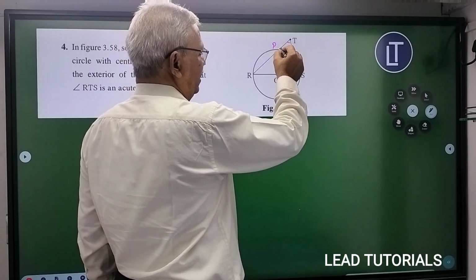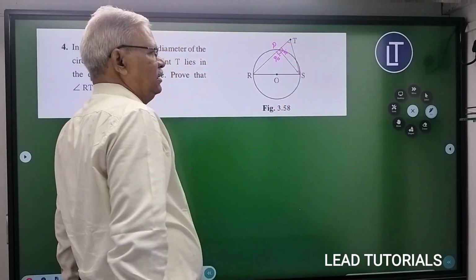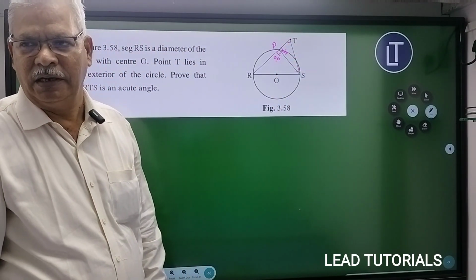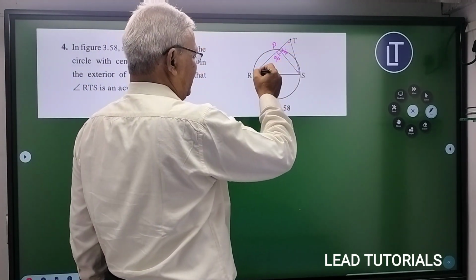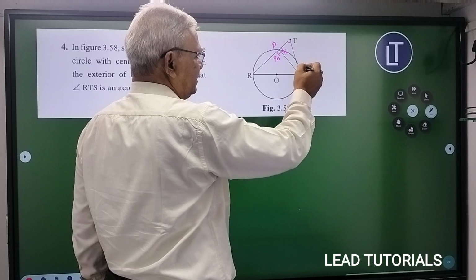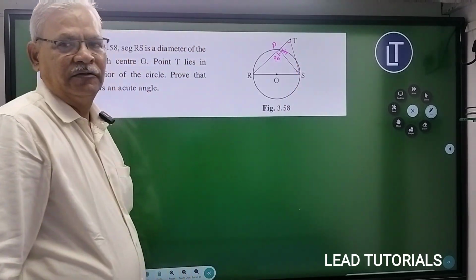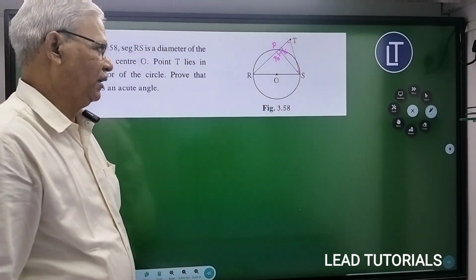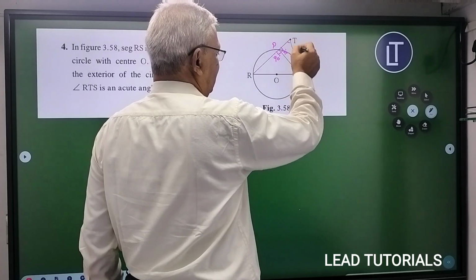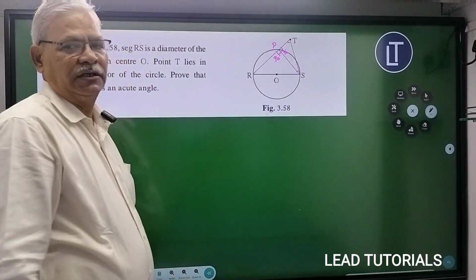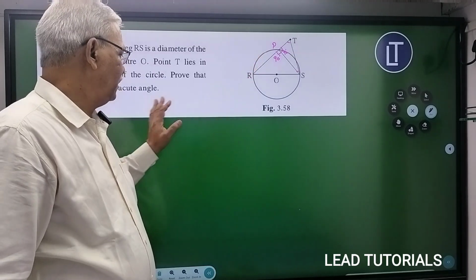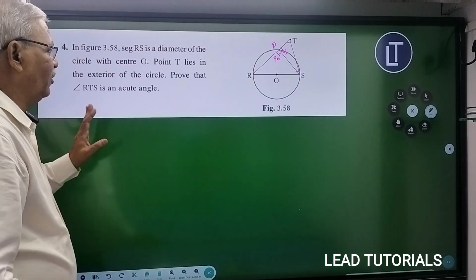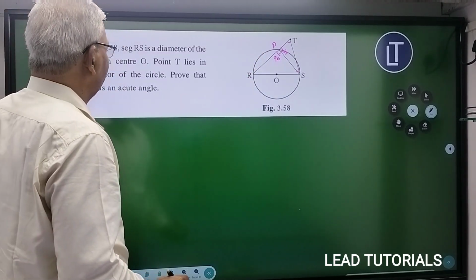Therefore, here PTS will be an acute angle. Then instead of PTS, we can write here RTS, the same angle with a different name. Therefore, this RTS is an acute angle. This we will write here.